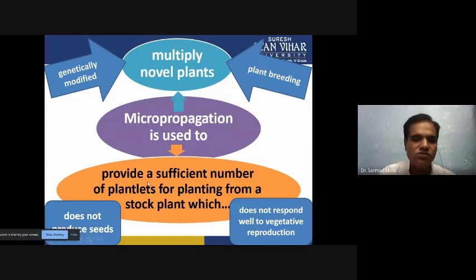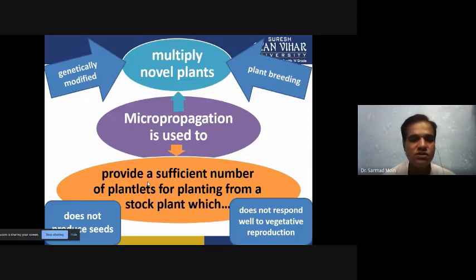Micropropagation is also useful for producing a sufficient number of plantlets for planting from a stock, for plants which cannot reproduce or propagate under natural conditions.